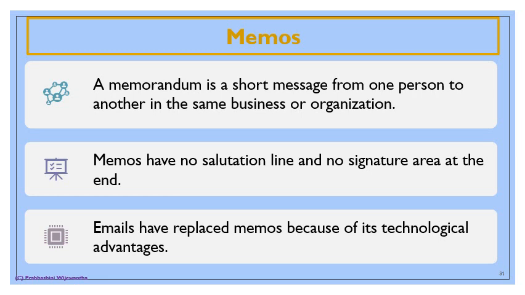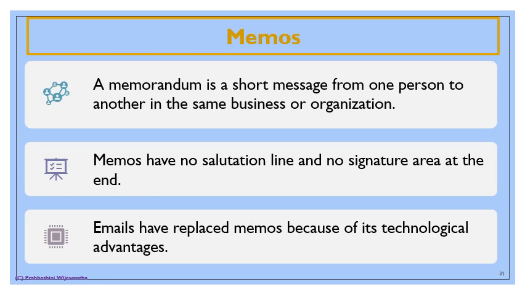From one person to another, from the GM Finance to GM HR, or maybe from the GM Finance to the Board of Directors in the same business or organization. So remember, not like emails and letters, memos are only circulated within one organization or maybe its branches, not with external parties or external organizations.